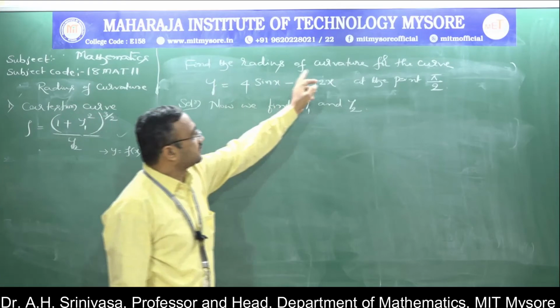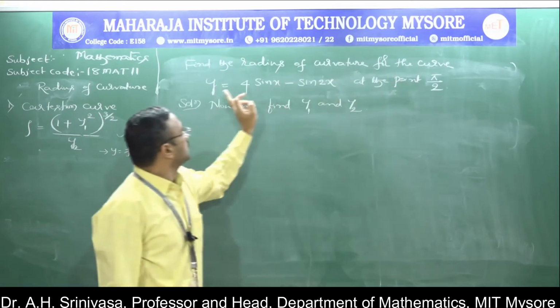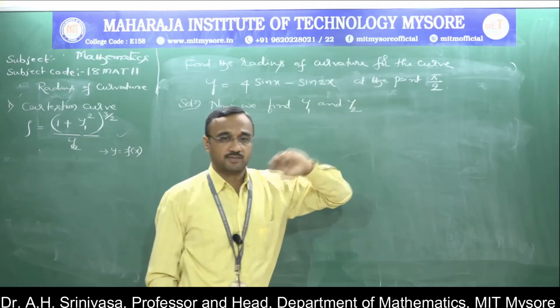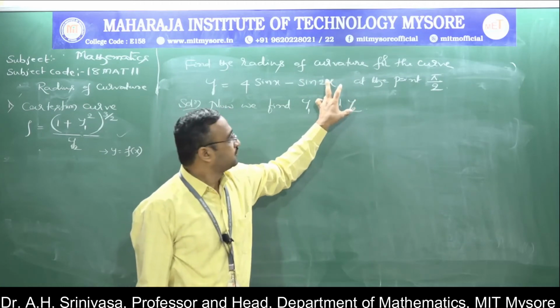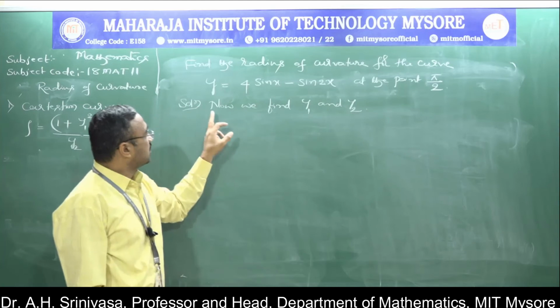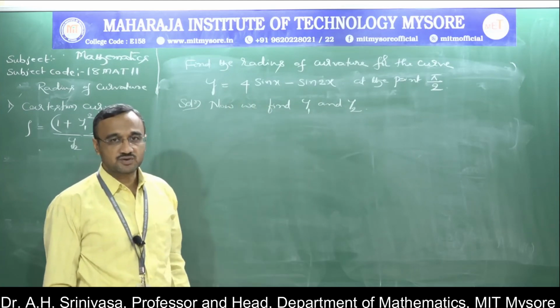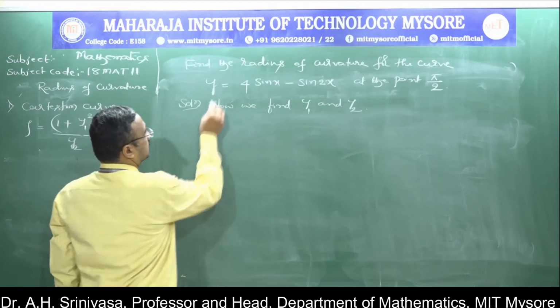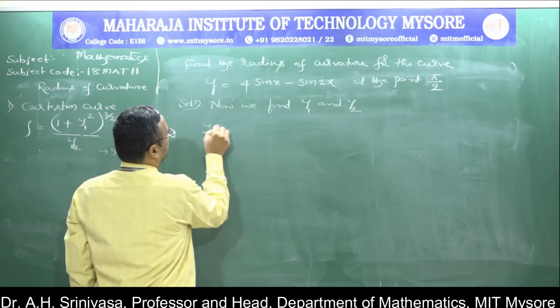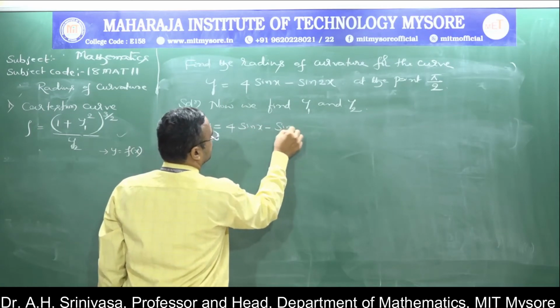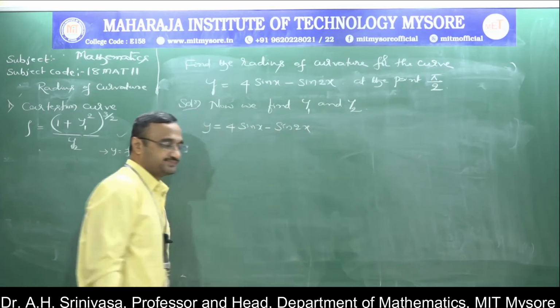So find the radius of curvature for the curve y equal to 4 sin x minus sin 2x at the point pi by 2. Okay. So our duty now is to find out y1 and y2 to find the radius of curvature. Your y is 4 sin x minus sin 2x.